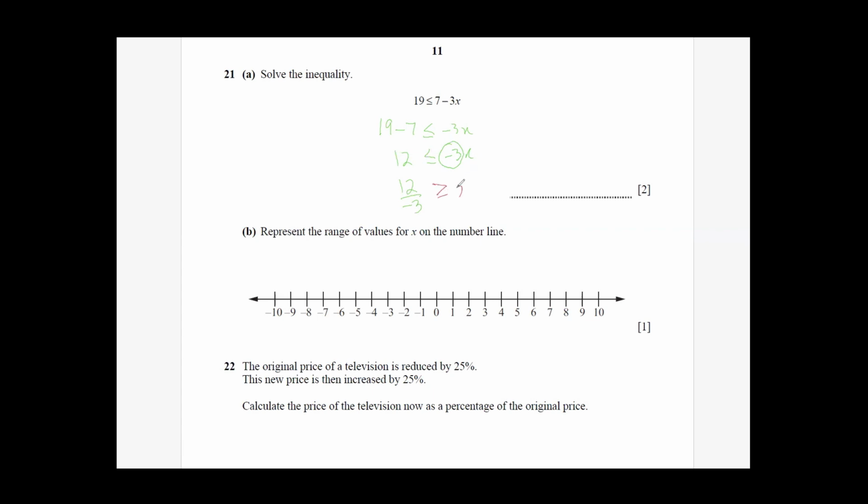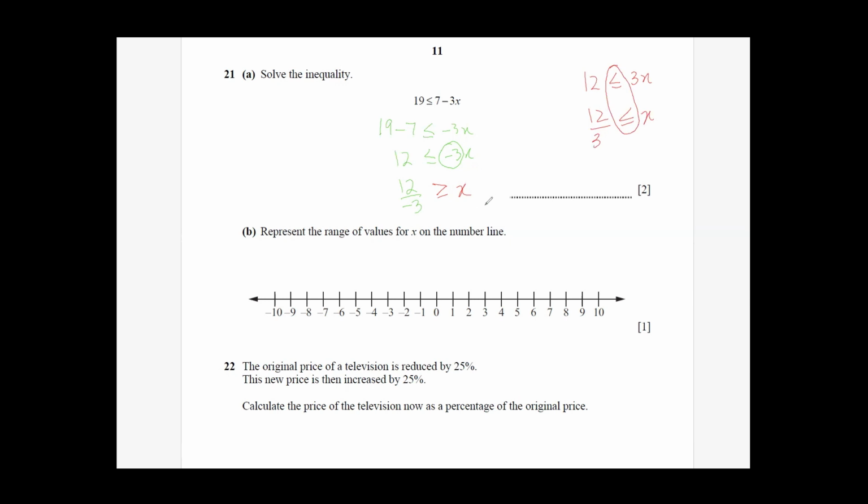So this is going to be like this. If it would have been positive 3, then the direction of the inequality would not have been reversed. It would have been the same. But in this case, since this is negative 3 being multiplied with x, the direction of the inequality would reverse.